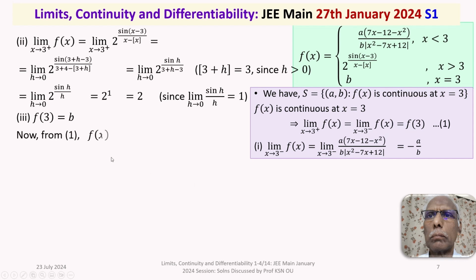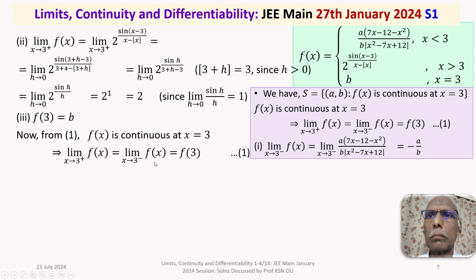So if you apply that, f of x is continuous at x is equal to 3 if the right limit, left limit at 3 is equal to the value of the function f of 3. So that means minus a by b must be equal to 2 must be equal to b.